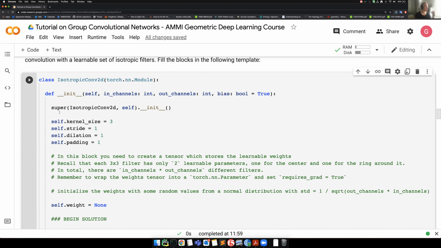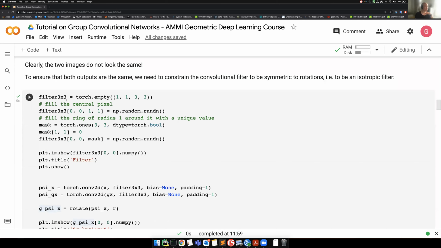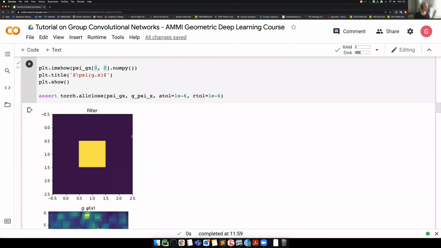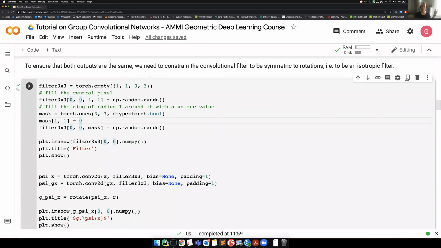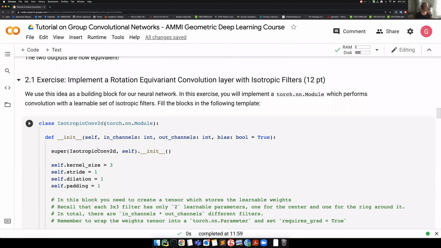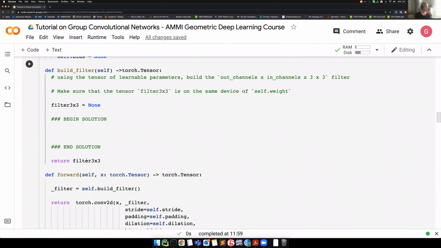It's going to build a 3x3 filter which is empty, and then set the value at the central pixel, and then the value at the pixels around it. And in the end, you're left with an actual 3x3 filter. So this is what this method should do, and then return.